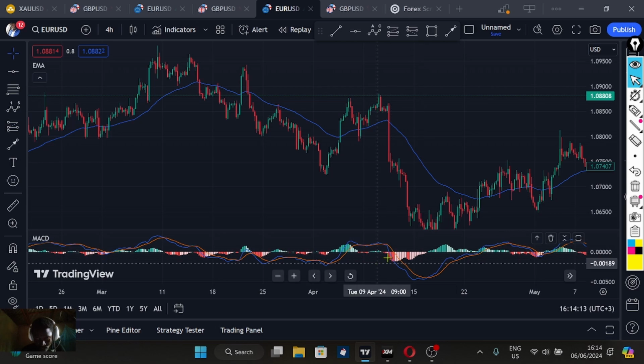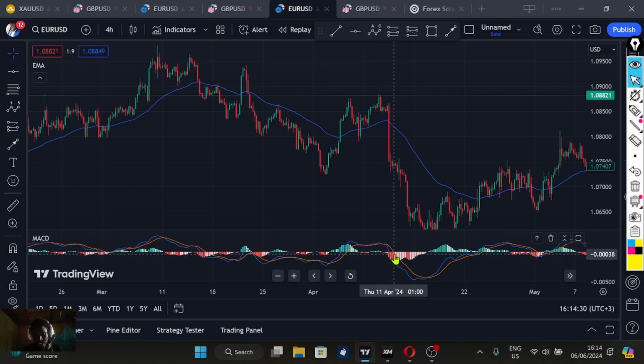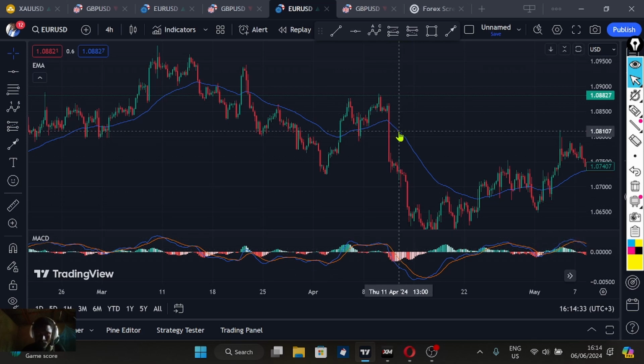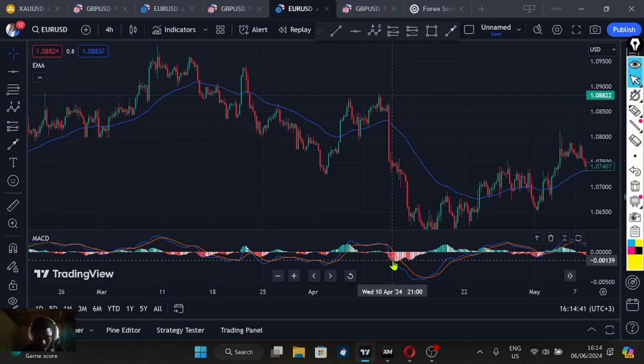When the histogram is red, it confirms that this is a downtrend, and the two lines should be facing down. So we look for the moving average above the price, in the MACD the histogram is red, and the two lines are facing down. That indicates that the market is on a downtrend.